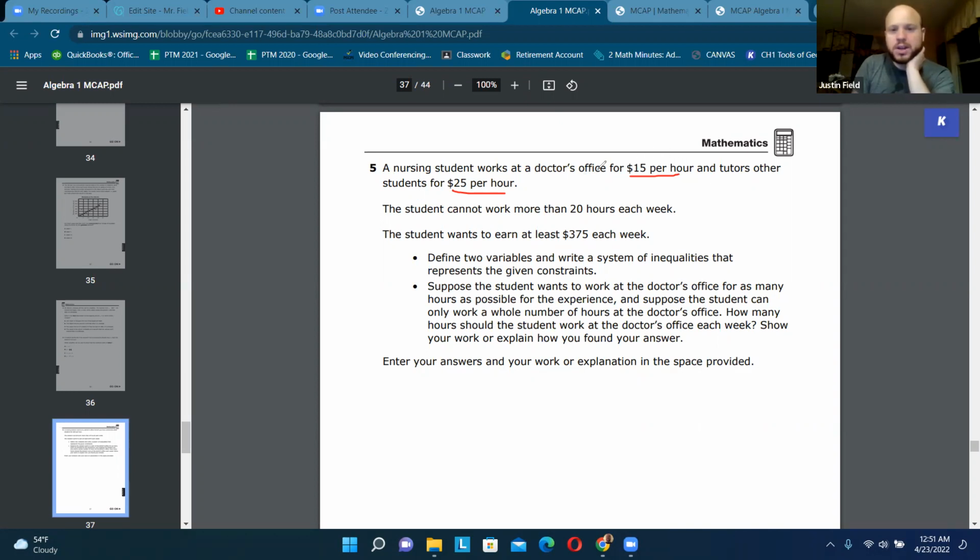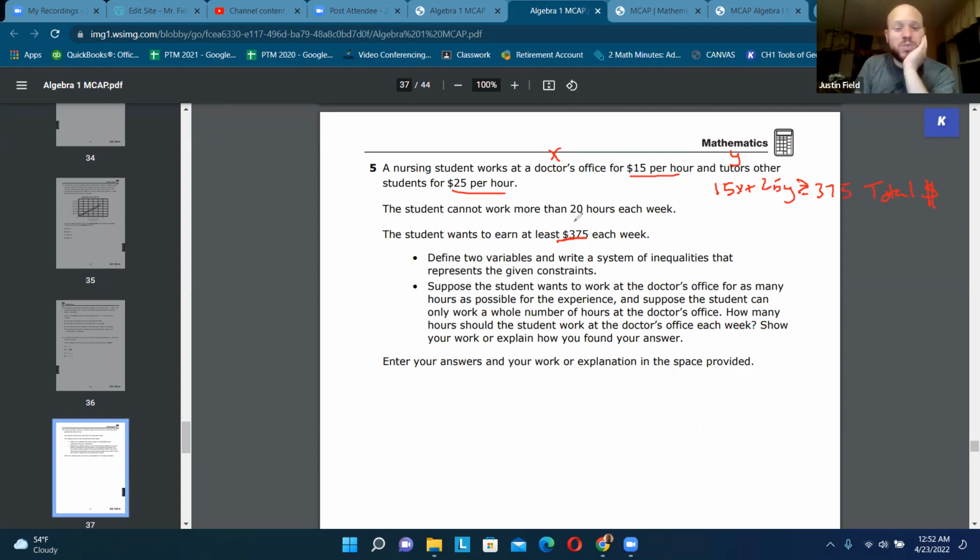So I'm thinking doctor's office is X, tutoring students is Y. So 15X plus 25Y gives us the total amount of money the student is making. Oh, and look, they want to earn at least 375. So they want to make this greater than or equal to 375. Total money.